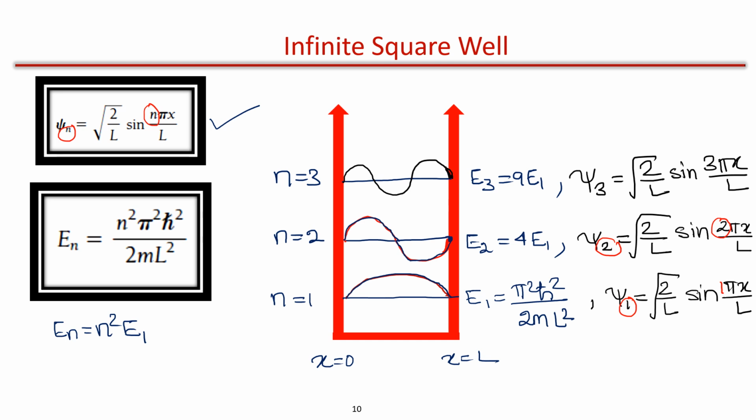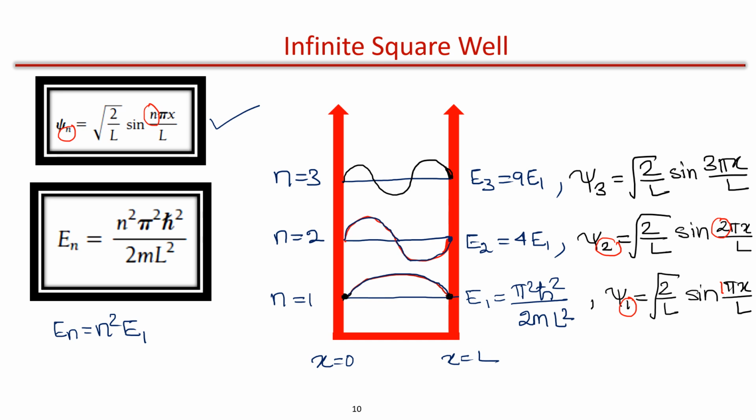Now please note that psi 1 has no node. We are not counting the endpoint as a node.